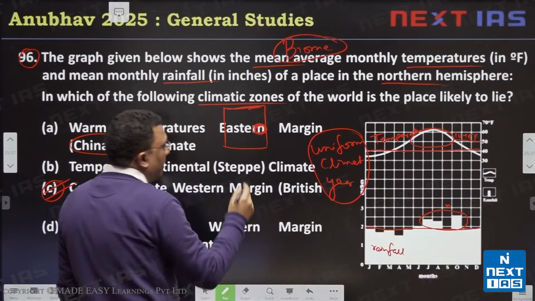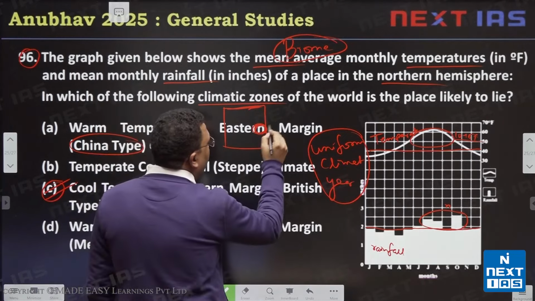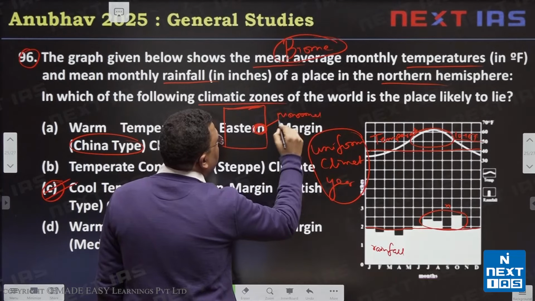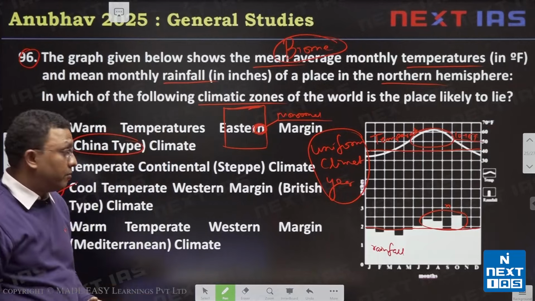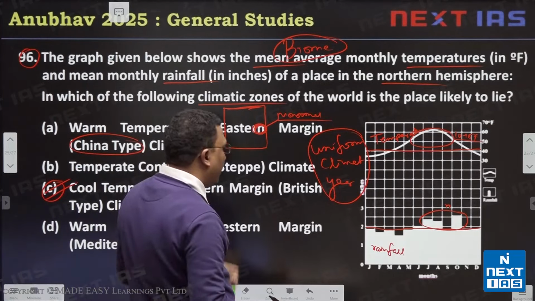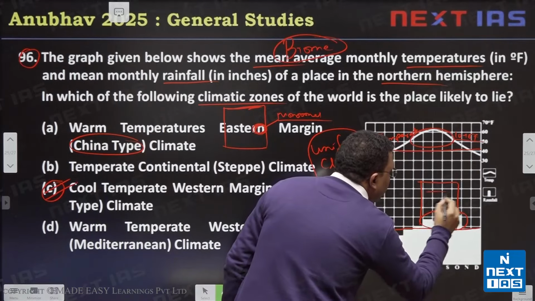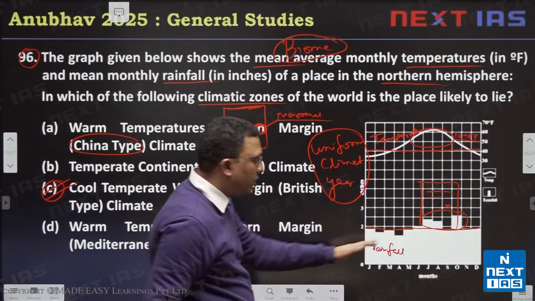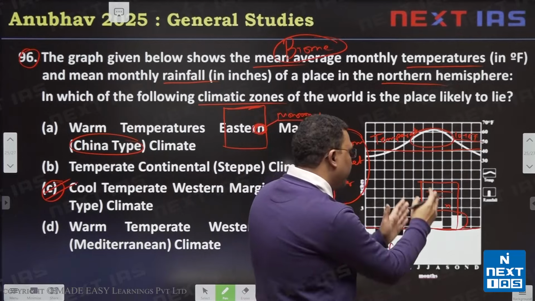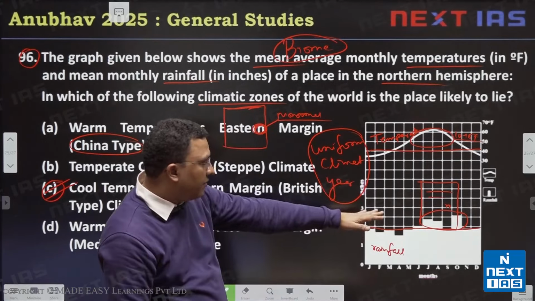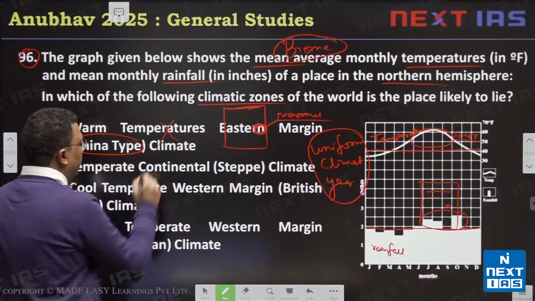Because they are located on the eastern coast, they will have monsoonal features. There will be heavy rainfall in summer months. So their graph should have shown a very high spike in these months as compared to other months, but that is not the case in the given graph.